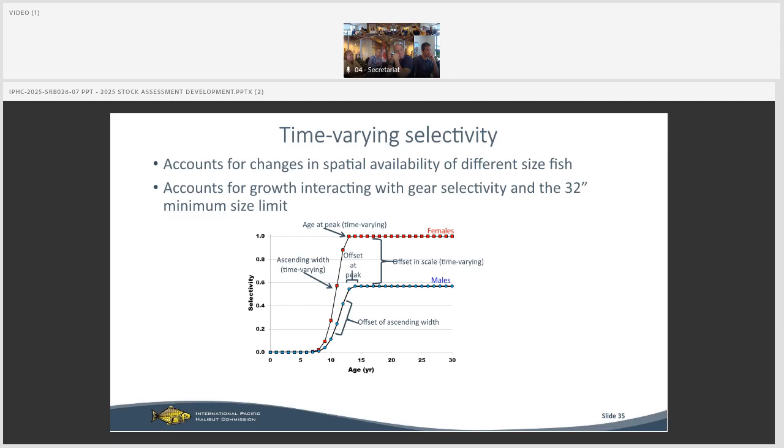What this approach allows us to do, by treating it as offsets, is propagate time varying selectivity without having to estimate the full matrix of selectivity at age, or even a full vector separately for males and females. We assume that for a given size of fish, the effect is going to be the same.